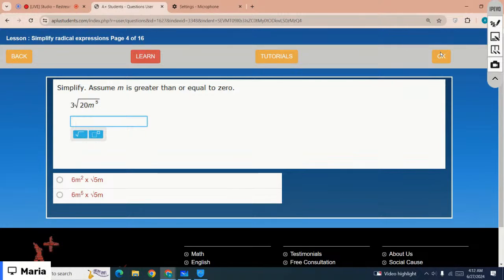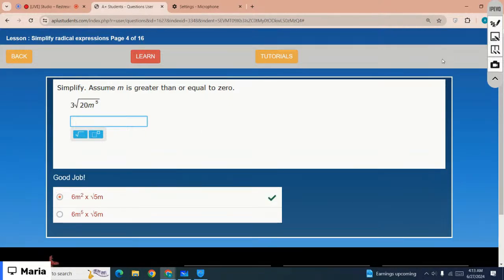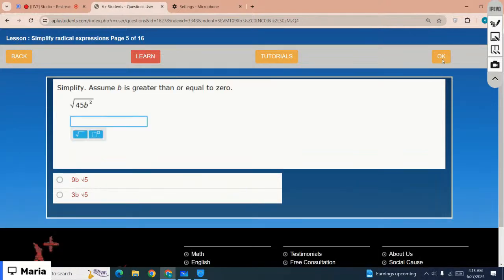Three square root 20 m5, which is the correct option. The correct option is option number 1, that is 6m square root 6m square and times square root 5m is the correct option.